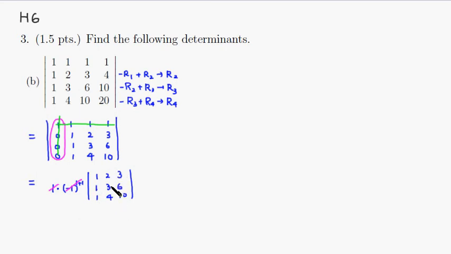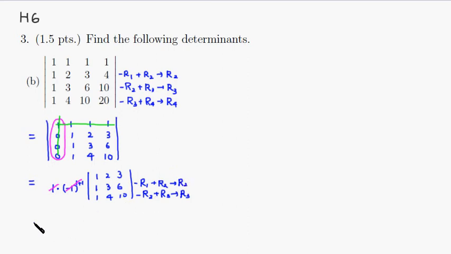The same trick works here. We're going to apply row operations. Take row 2, multiply by -1, add it to row 3, so that's the new row 3. Take row 1, multiply by -1, add it to row 2, and that's the new row 2.